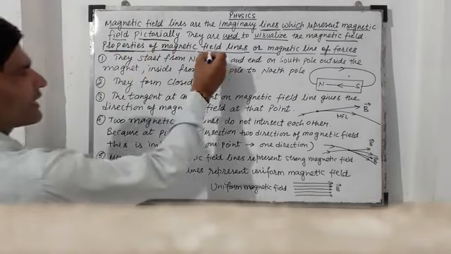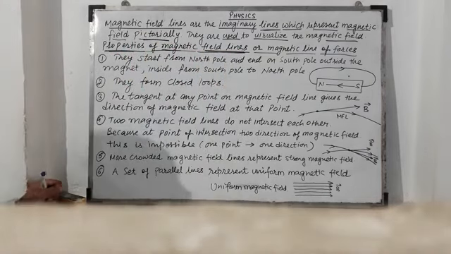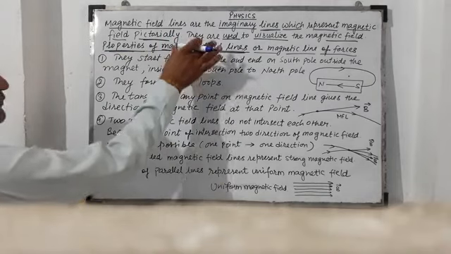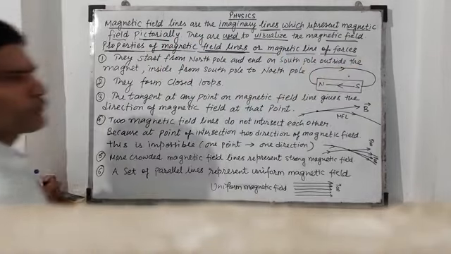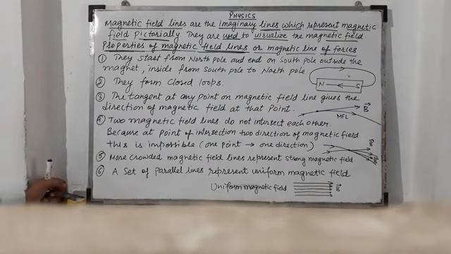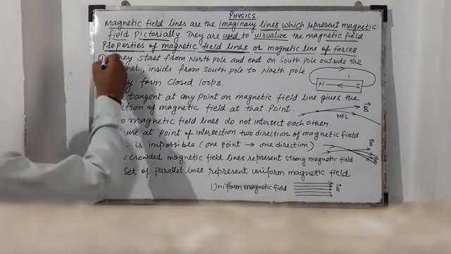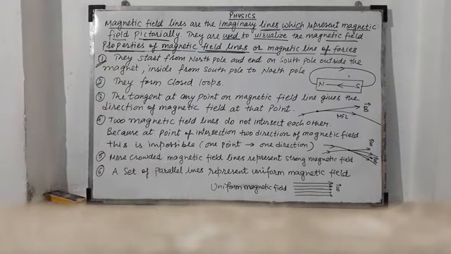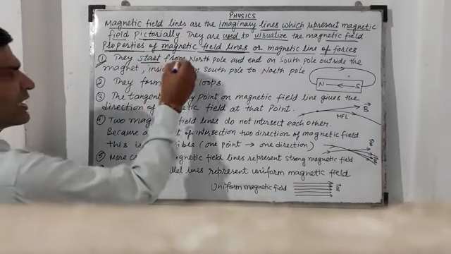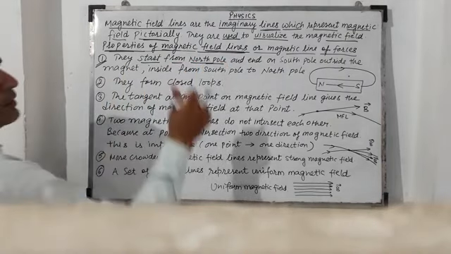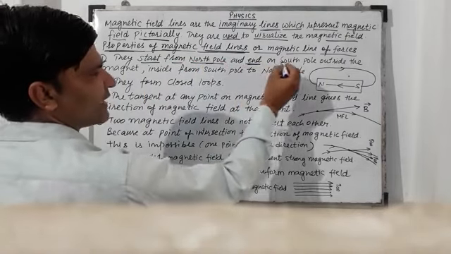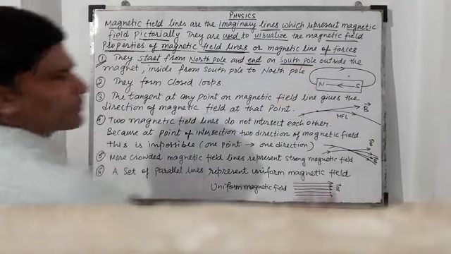Now, properties of magnetic field lines. Magnetic field lines are also known as magnetic lines of force. The first property of magnetic field lines is they start from North Pole and end on South Pole.